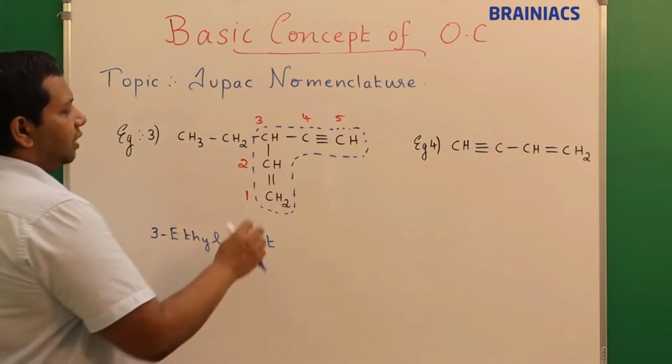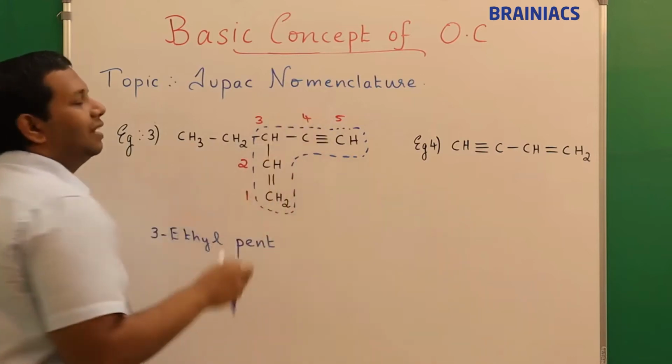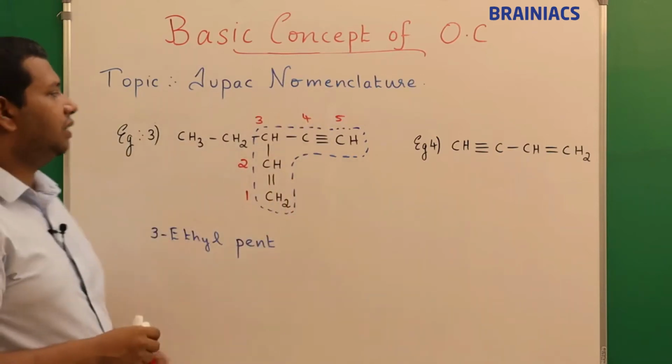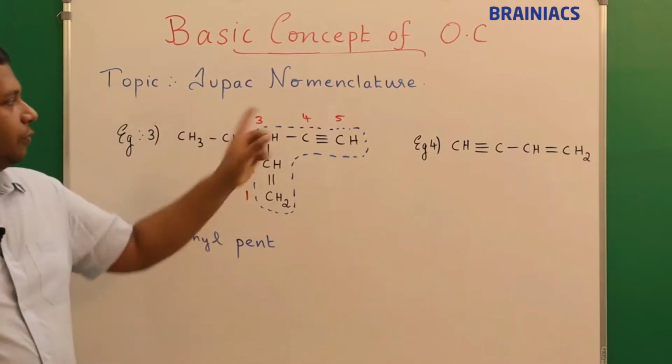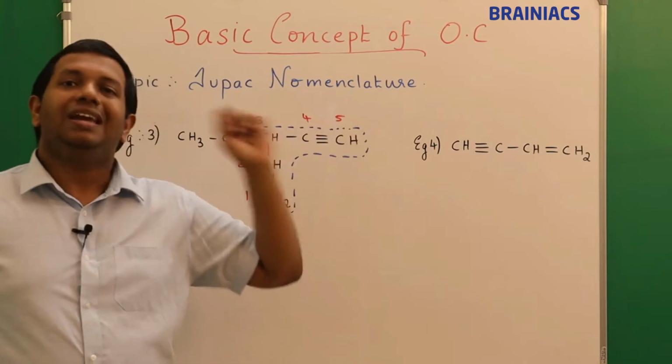Now I am looking at the multiple bonds. At position 1 there is a double bond and at position 4 there is a triple bond. I know that for a double bond it is "ene" and for a triple bond "yne". Who comes alphabetically first, ene or yne? It is ene.